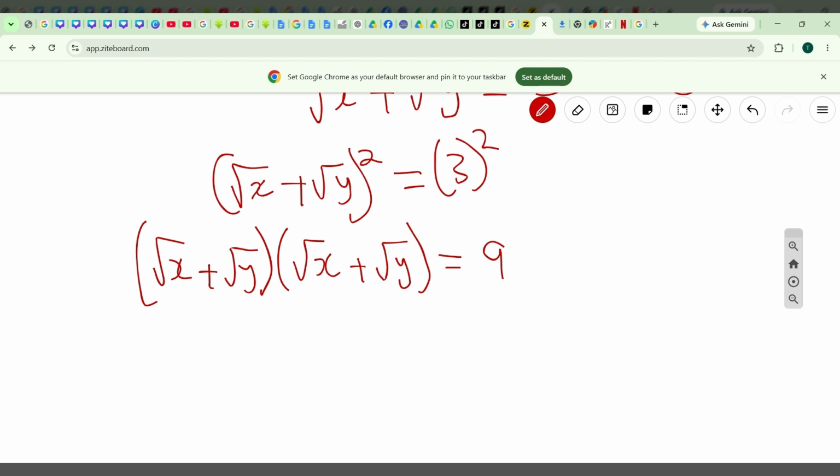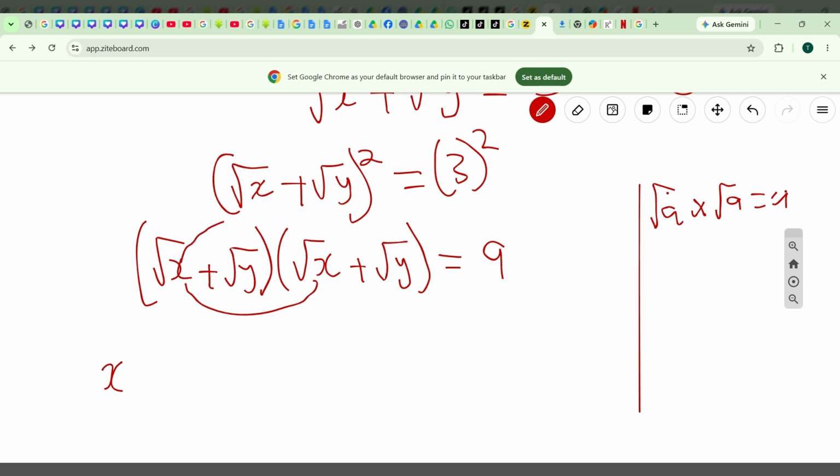This simply means root x multiplied by root x is x, following the law of surds, where the square root of a multiplied by the square root of a is equal to a. Again, root x multiplied by root y is positive root xy.